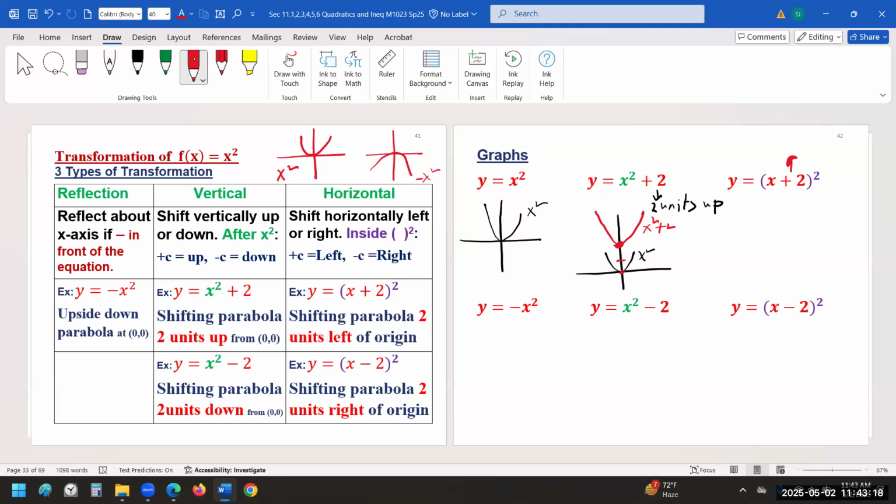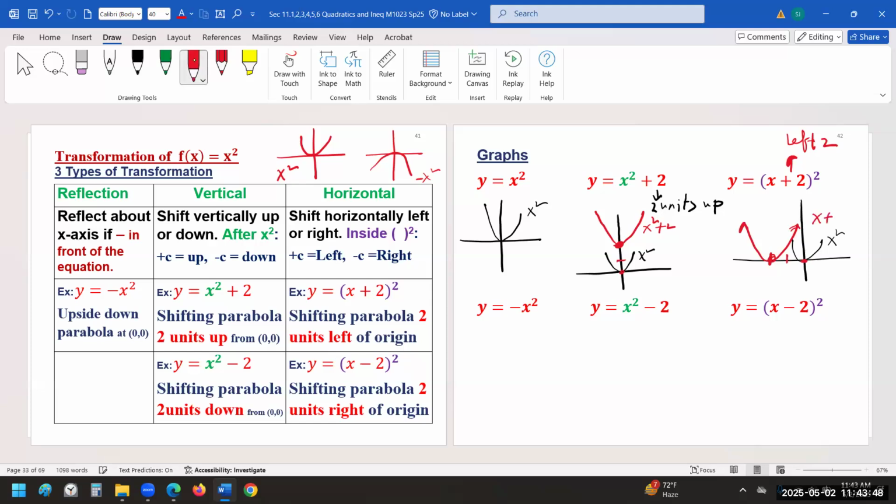But for left, right, we go the opposite direction. Plus, we're supposed to go right. But do we go to the right? We go left. Left 2 units. So what does that mean? If this is your original one, you're taking your vertex and moving 2 units left, and you're drawing the same parabola again.